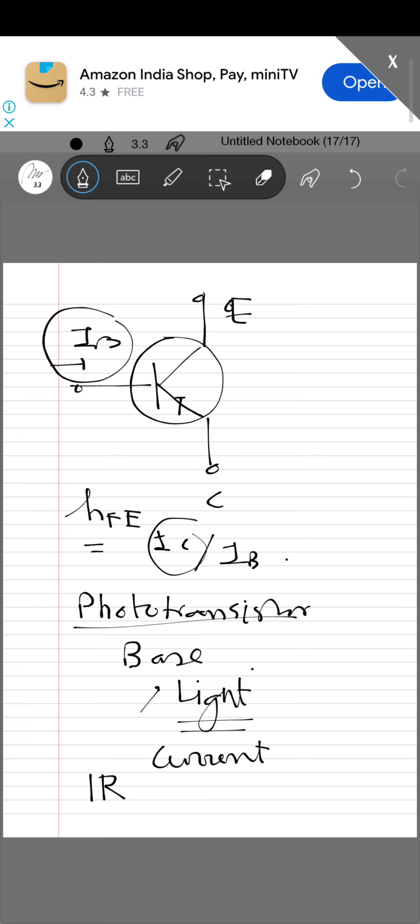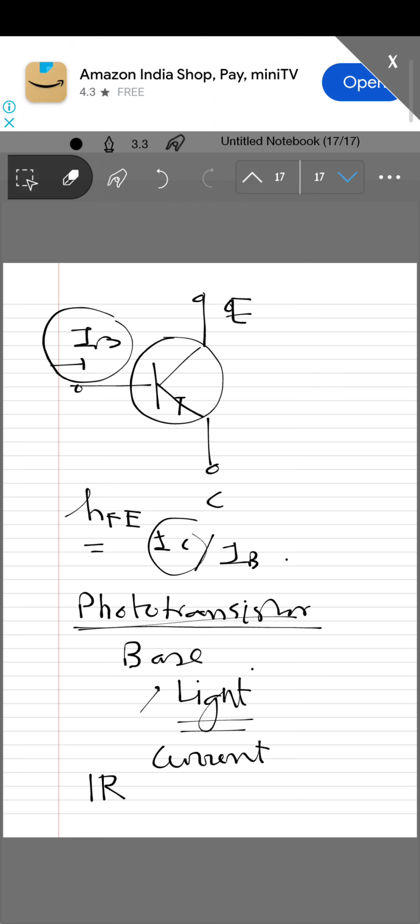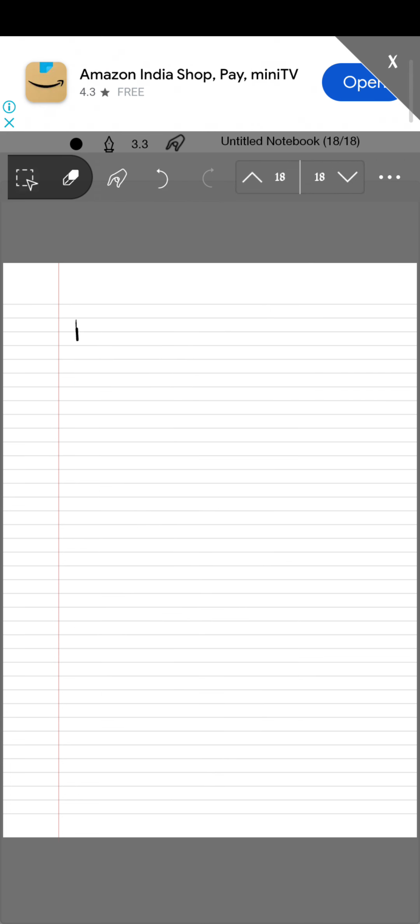This phototransistor has some applications. It can be used as a linear or logical output.